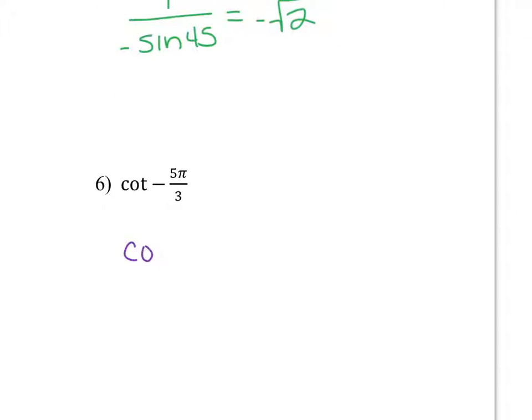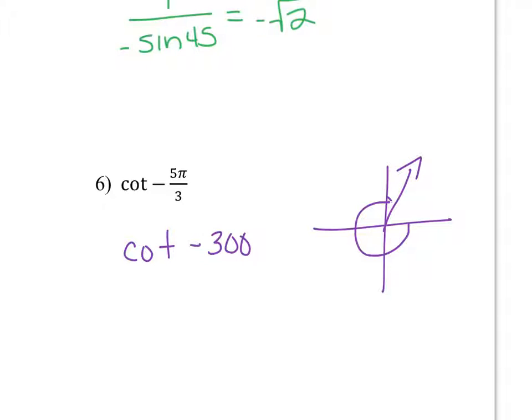So now the cotangent of negative 5 pi over 3 is the same as the cotangent of negative 300. You figure that all the way over here to right about here is your negative 300. This one right here is your reference angle. Oh wait, we're in quadrant 1. Since all of them are positive in quadrant 1, the cotangent is going to be positive there.